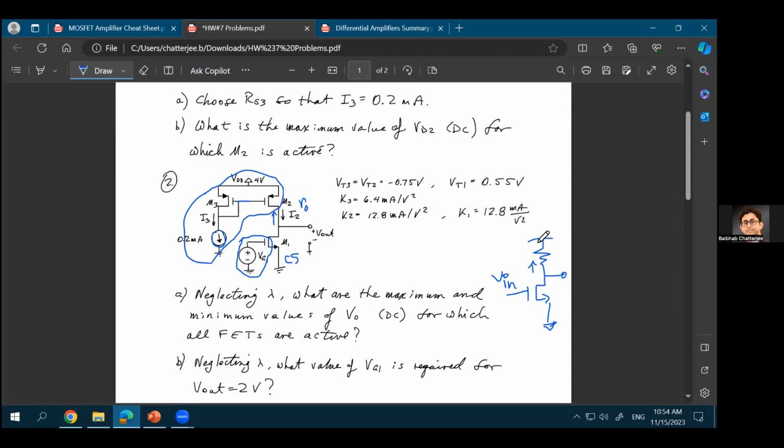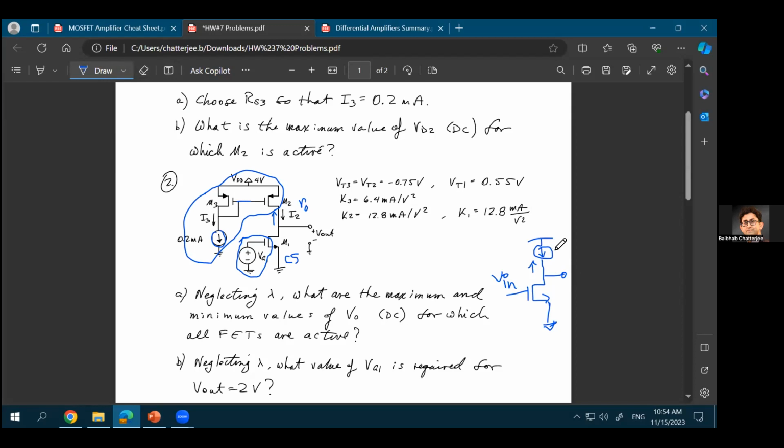So what you really have is basically a current source connected on top. So you can also model it as a current source connected at the drain of this transistor, right? So this is another model of what you have over here, that you have a common source amplifier. The load that you see for that common source amplifier is basically a current source.